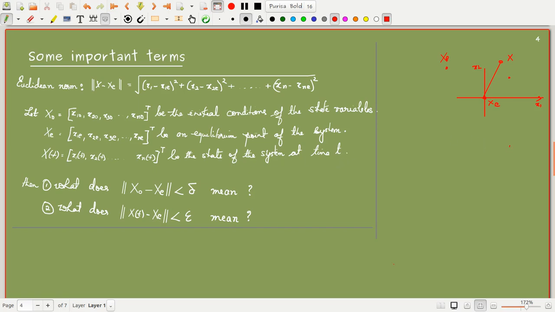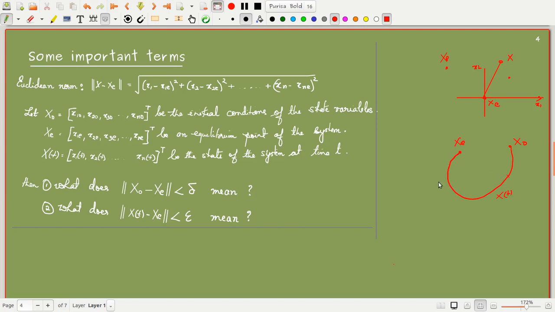So I start from some x0, and then I travel, and I may or may not reach the equilibrium point xe. x(t) is the value of the states in between, along the path.